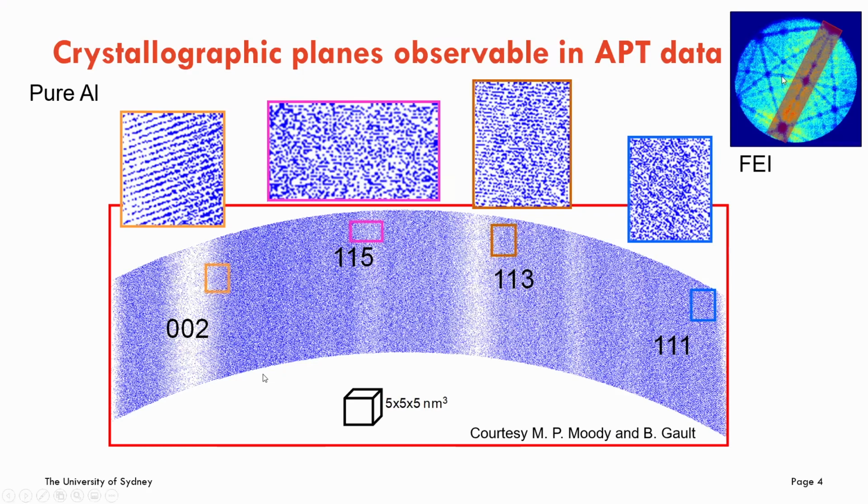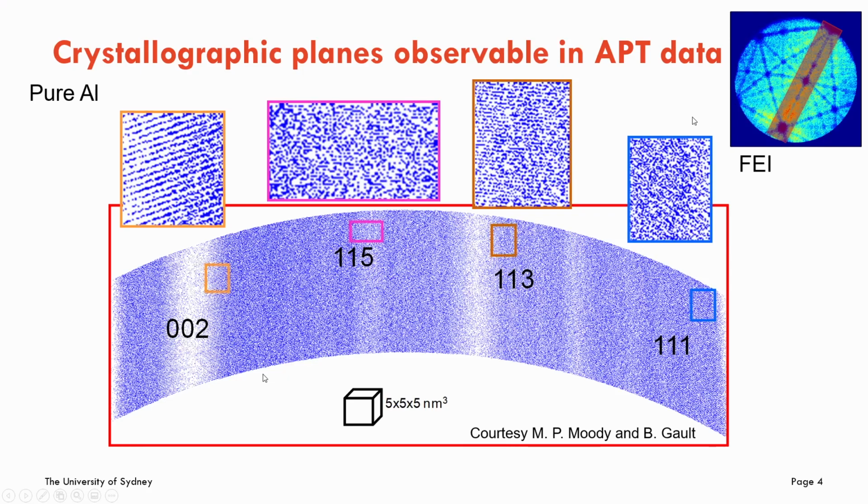We've got the field evaporation image here, which is your first port of call in seeing crystallographic information. As you can see, all these lower density features, which we call zone lines and poles. You can even start to see some terrace rings coming out of this pole here. And so already there's quite a bit of information contained in there.